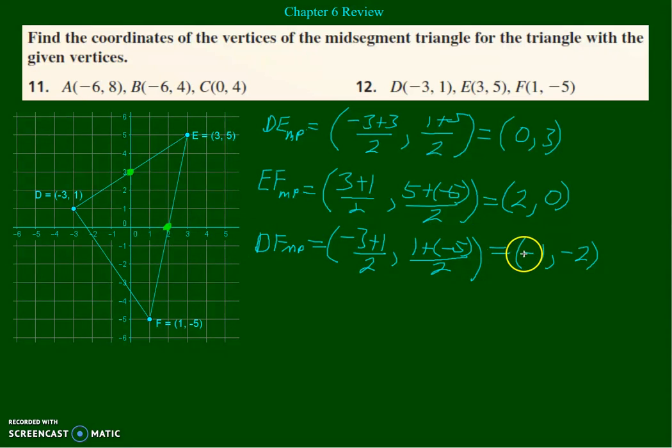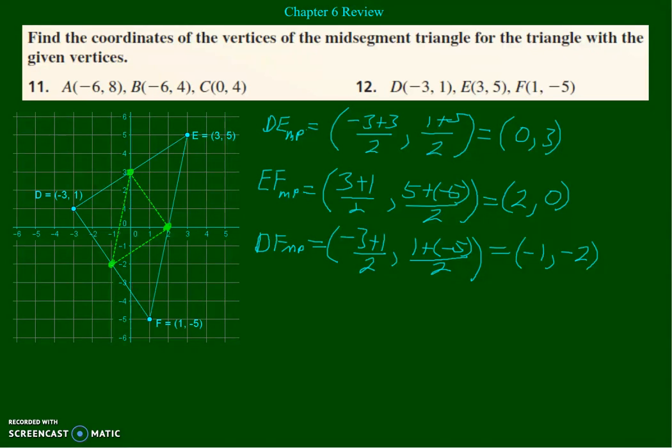And we have -1, -2. Let's go ahead and connect our segments. We have one from here to here, one from here to here, and one from here to here. And there is our mid-segment triangle.